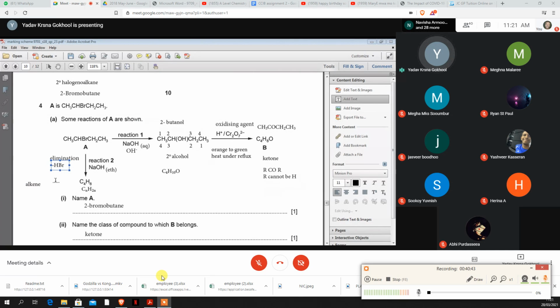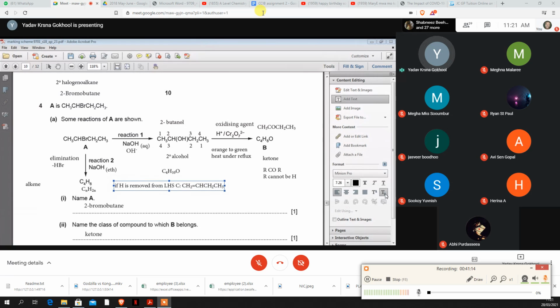If H is removed from the left hand side carbon, we are going to get CH2 double bond CH, CH2, CH3.